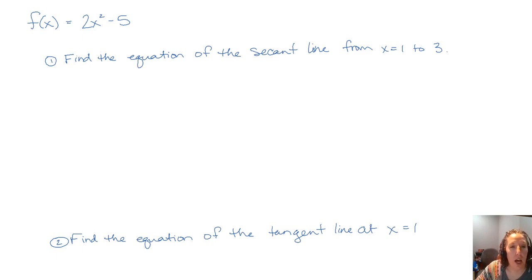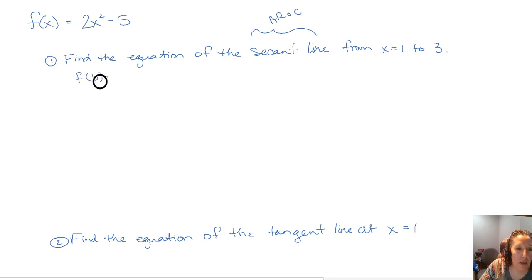And so the secant line is going to be the same thing as our average rate of change is going to give us our slope. And so remember, the average rate of change is f of b minus f of a over b minus a, where our a and our b are 1 and 3.